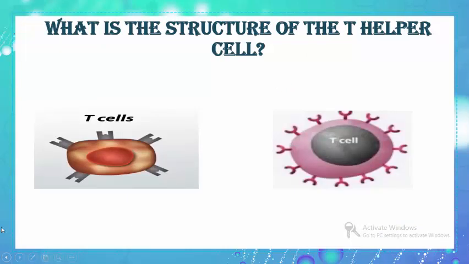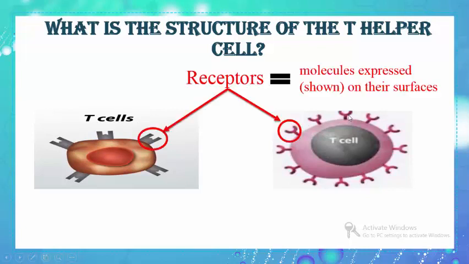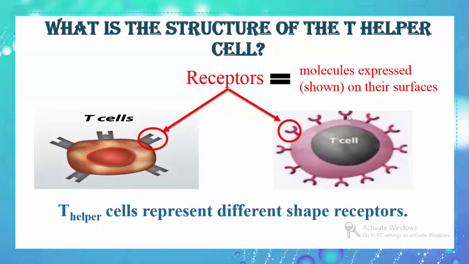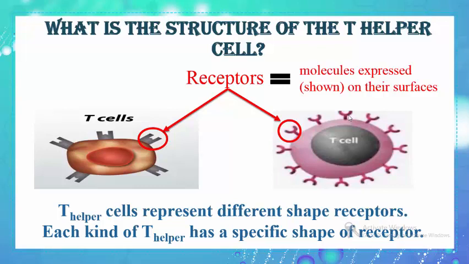As observed, the T helper cell expresses, shows, on its membrane protein molecules that we call receptors. These receptors are not identical in all T helper cells, where each kind of T cell is characterized by its own shape of receptors, and this is very clear in these two different kinds of T cells.